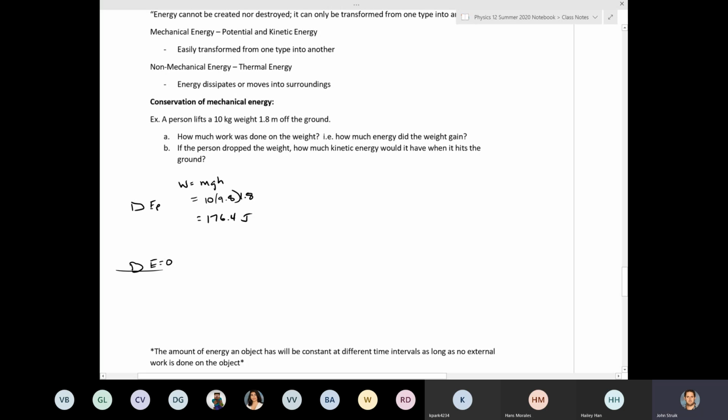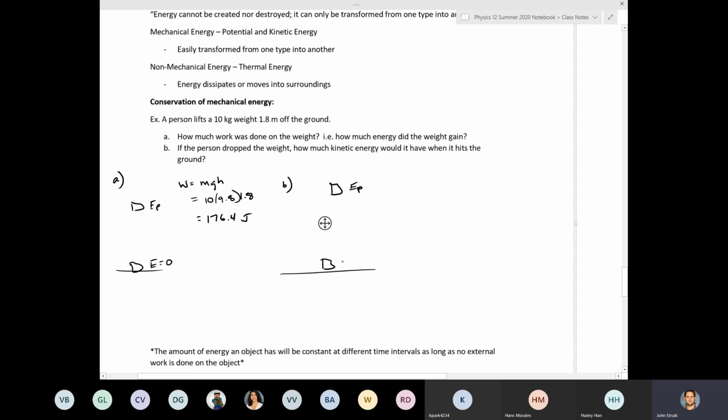Okay, so this is part A. Part B, we're saying the object is right here. It has its EP. If we were to drop it, so we just let go, what is the energy at the bottom now? It was 0. But now, the two questions we're asking: is it moving or is it above the ground? At the ground, it's not above the ground, but it is moving.